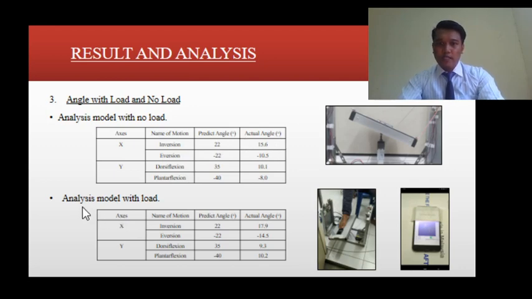For the analysis of the model with a load, I put my leg on the foot platform, and then I used a phone application to see the angle of the motion. Then this is the difference between the actual angle with no load and with a load.